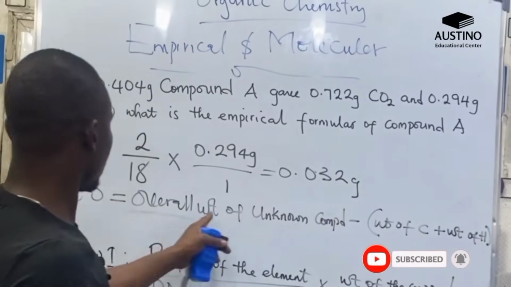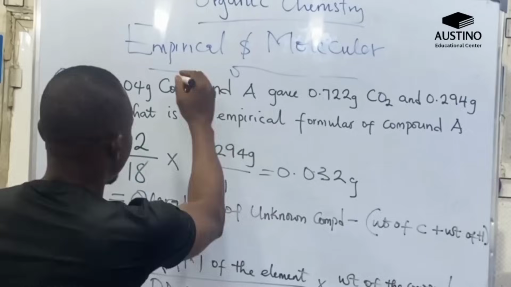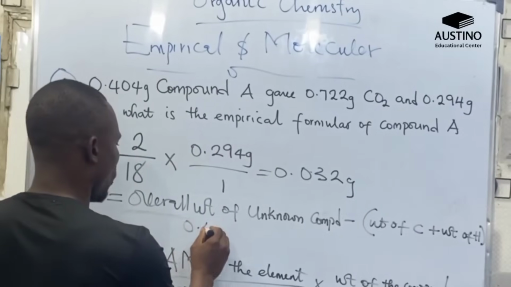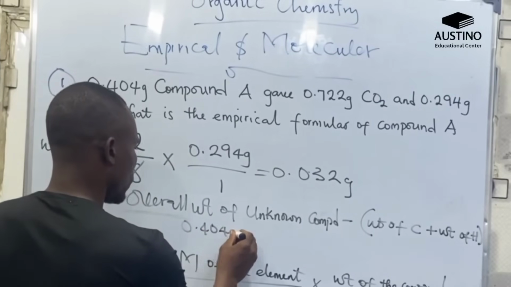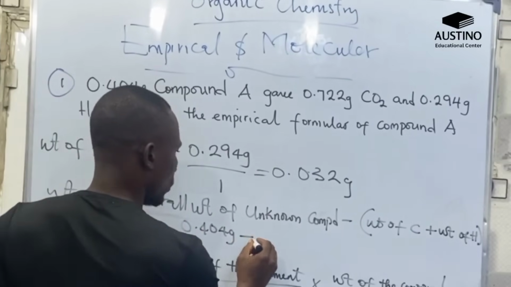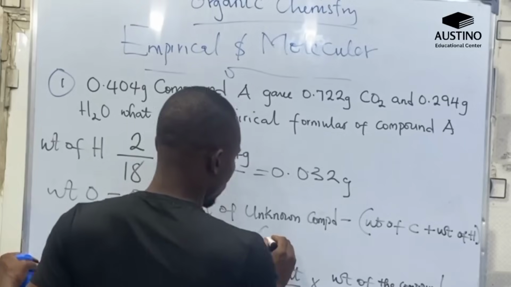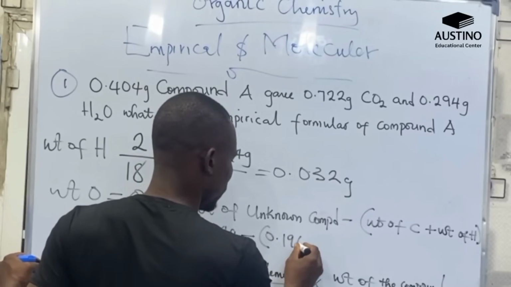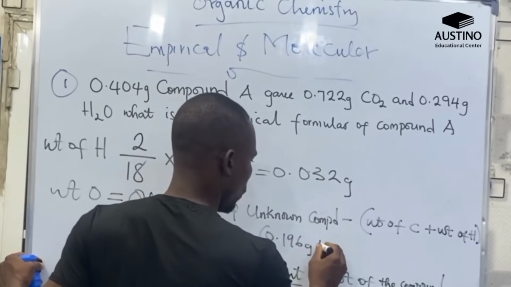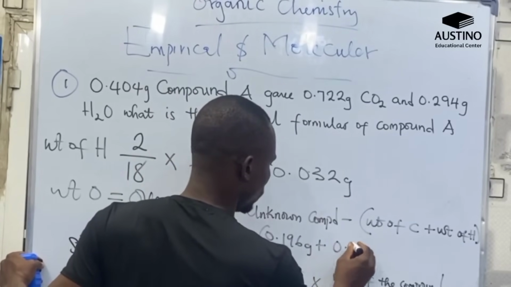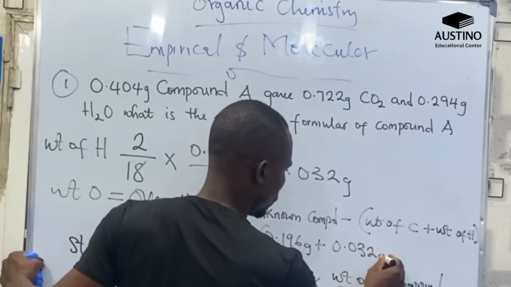This will give us the weight of oxygen. So we already have that the overall weight is 4.04 grams minus weight of carbon, which is 0.196 grams, plus weight of hydrogen, which is 0.032 grams.